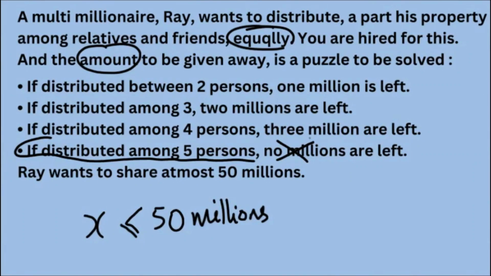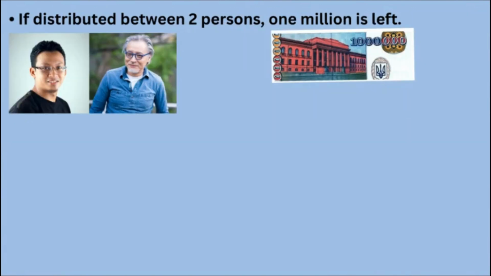Alright. Let us go ahead with the next condition. If distributed between 2 persons, 1 million is left. Here you see 2 persons and 1 million left.